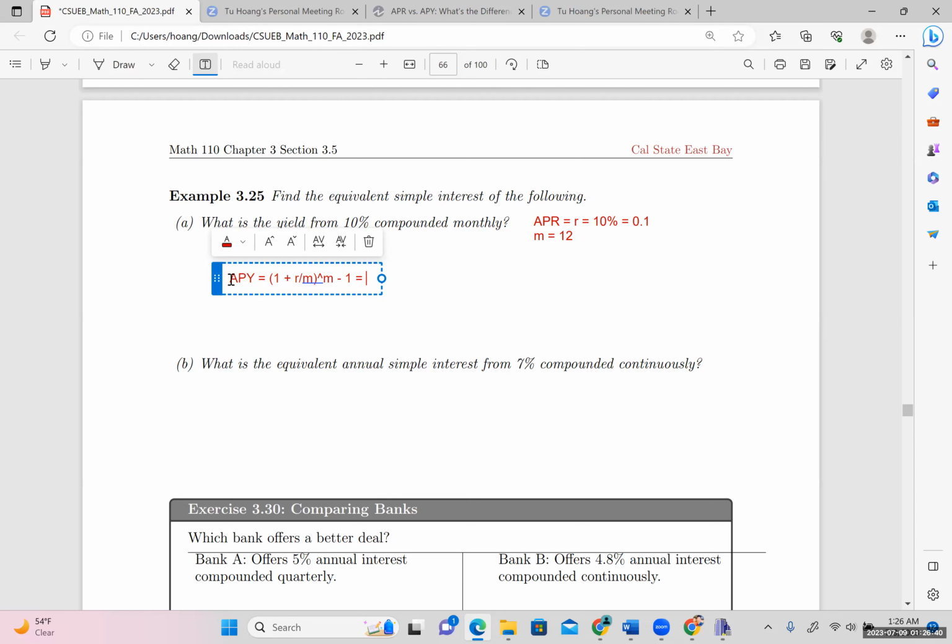So we're going to have 1 plus 0.1 divided by 12, raised to power 12, and then minus 1.